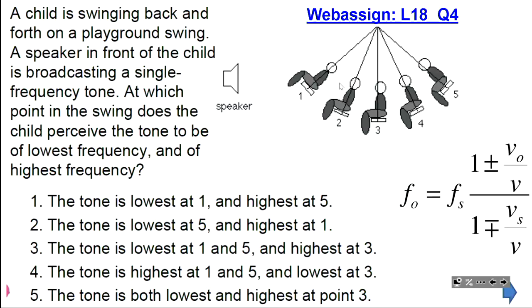So, when the child is moving, that's an observer moving relative to a stationary source. So, of course, he or she will be experiencing the change in the pitch, the change in the frequency. And the question is, at which location of these 5 locations the frequency experienced by this guy will be the highest possible and the lowest possible?